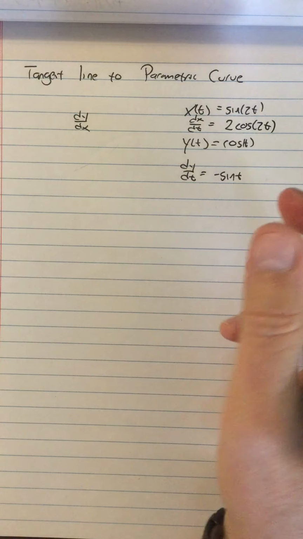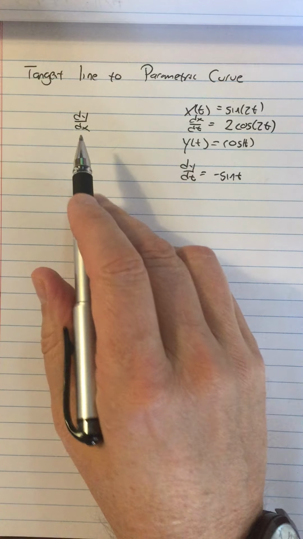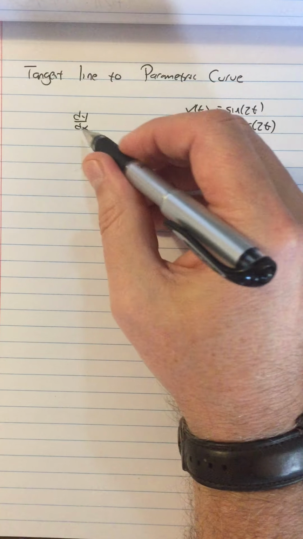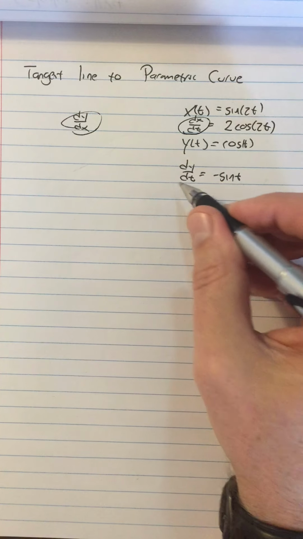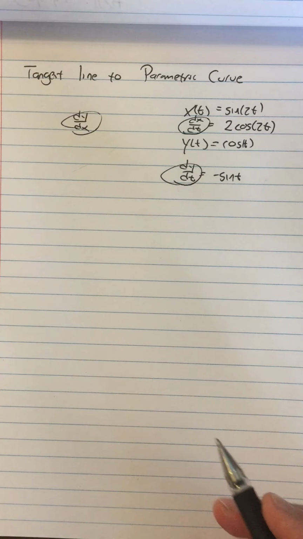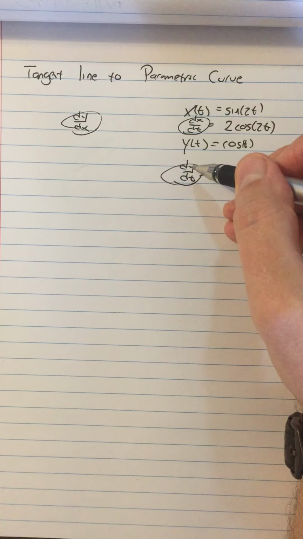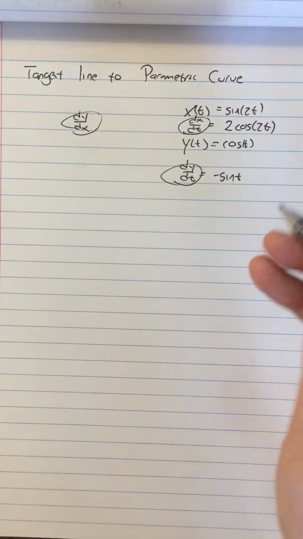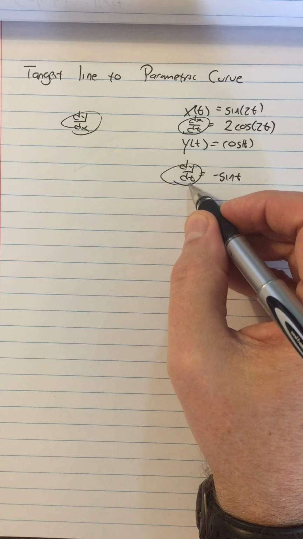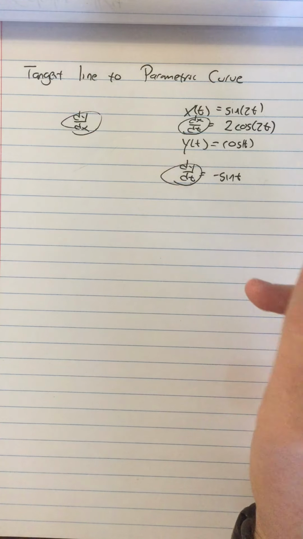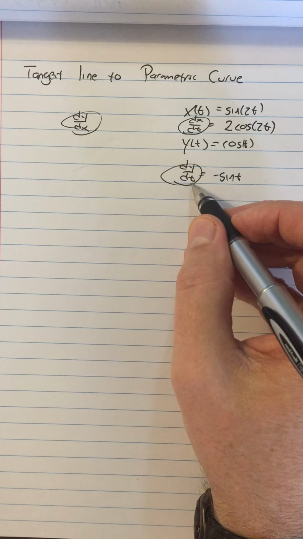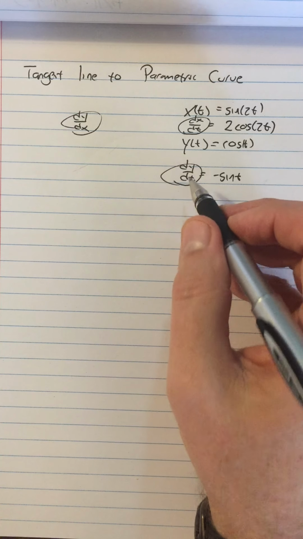Okay, so the question that we're stuck with is, how are dy/dx, dx/dt, and dy/dt related and how are they different? What does it mean that I'm doing dy/dt as opposed to dy/dx? So look, t is a time variable. So dy/dt means how is the y coordinate changing with respect to time?